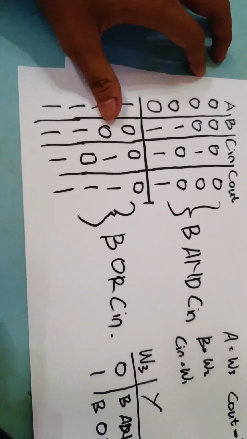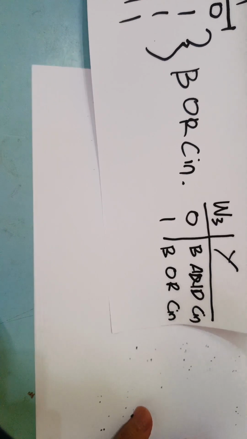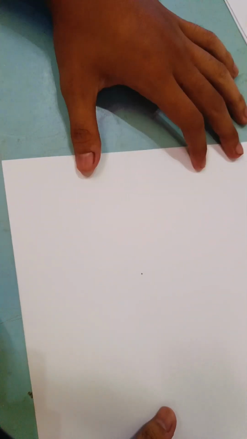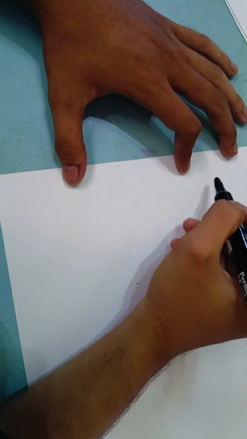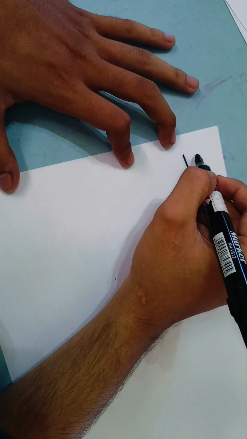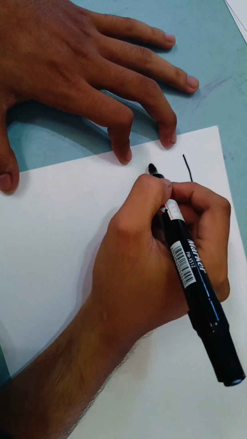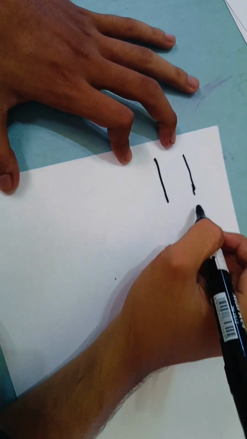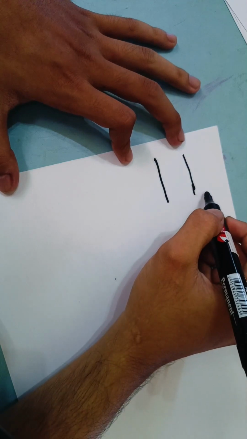And then we put this equation into one multiplexer first. So this will be like this. This will be the first input, and this will be the second input.